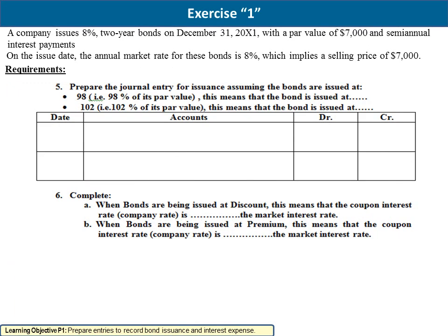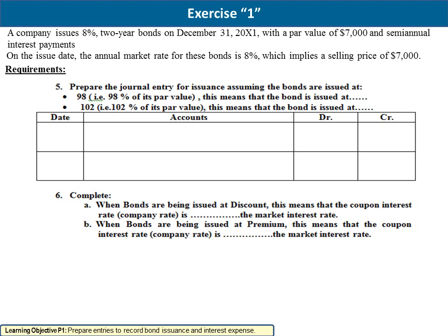So let us solve one more exercise on the bond issuance at par, at discount, at premium. By referring to this exercise, a company issues 8% 2-year bonds on December 31st, 20x1 with a par value of $7,000 and semi-annual interest payments. On the issuance date, the annual market rate for those bonds is 8%, which implies a selling price of $7,000.